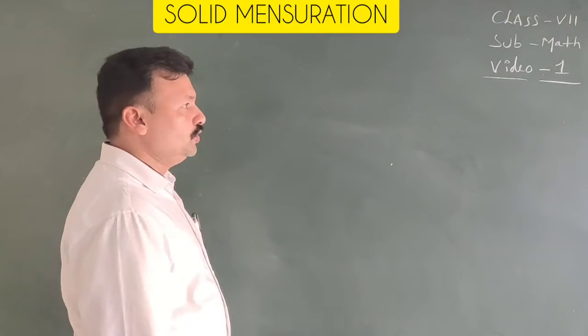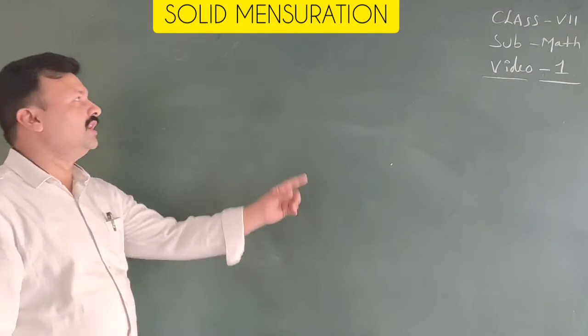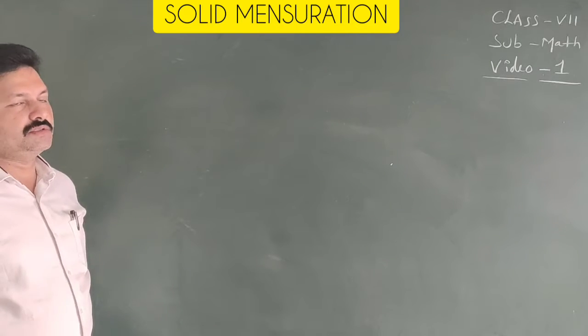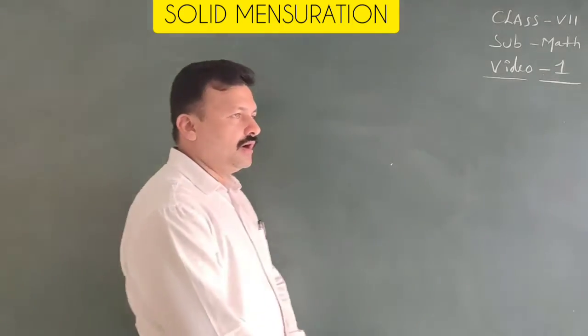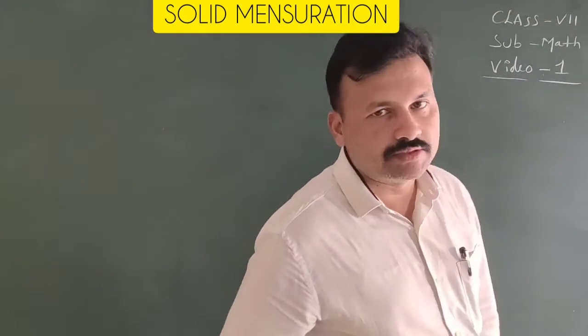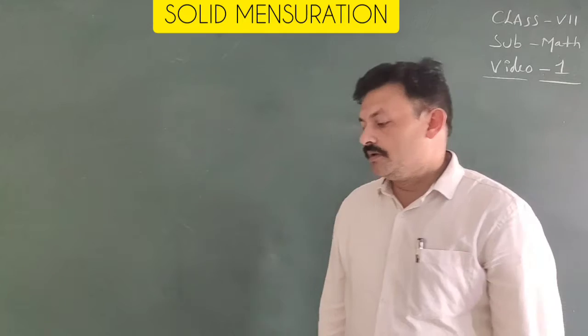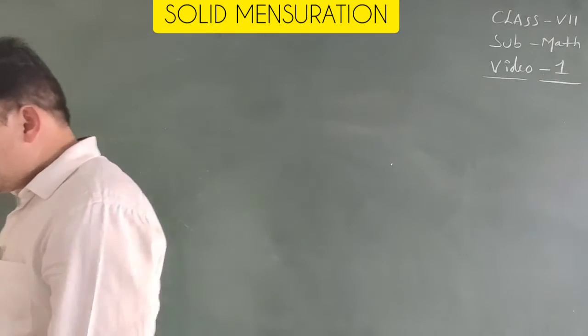Today we are going to discuss a new chapter, solid mensuration, after the successful completion of playing with numbers. In playing with numbers, we discussed majorly three concepts. First one, basics: even, odd, prime, composite, perfect numbers like that.